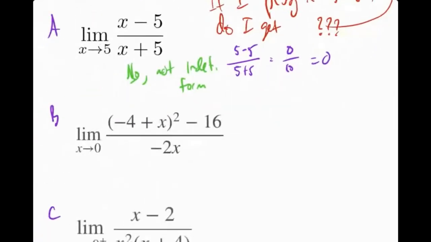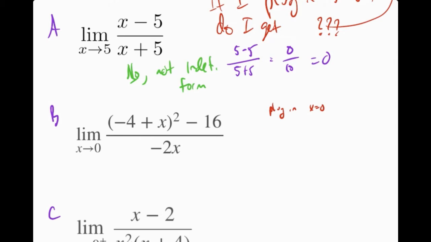Let's do B next. We'll focus on this one. Feel free to go ahead and try plugging in 0 for x and see if we get one of the problematic indeterminate forms. So we're working on limit B, and we're asking the question, is it an indeterminate form? To answer that question, I'm going to plug in x equals 0.